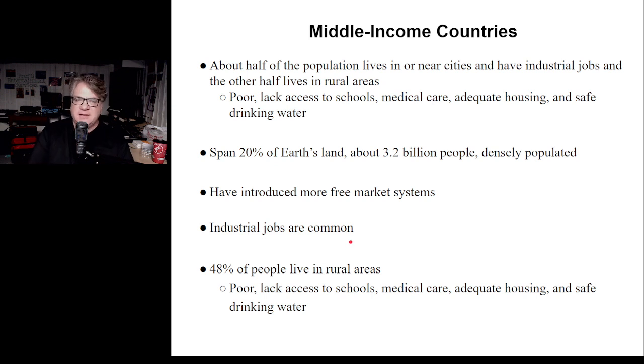Middle income societies. So try not to think about middle income societies like middle class. Middle income countries have some characteristics of developed areas and some characteristics of very poor places. So, for example, in the capitals of these countries, for example, Mexico City in Mexico is very developed and it looks like a US city to some extent, right?